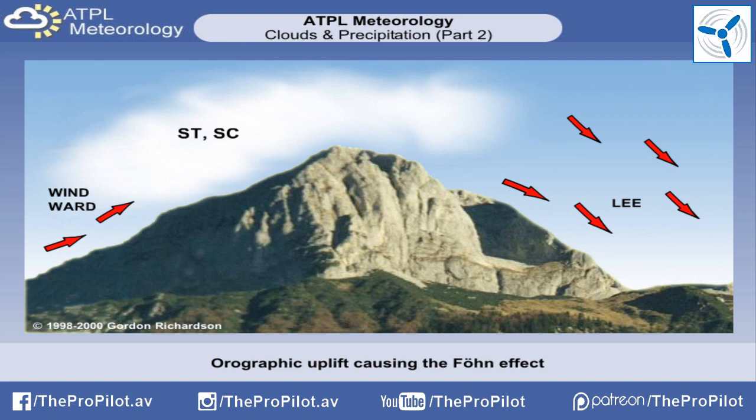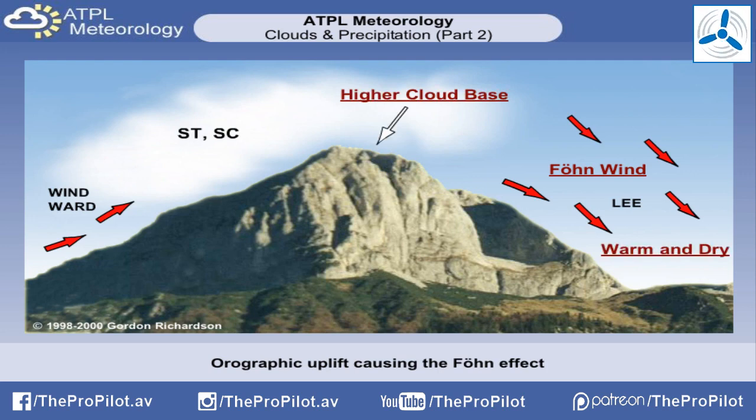This gives a lower average humidity on the leeward side of the hills as the air descends. In Europe, this process is called the Föhn effect and results in higher cloud bases and a significant drying out of the air to the lee side of mountains.